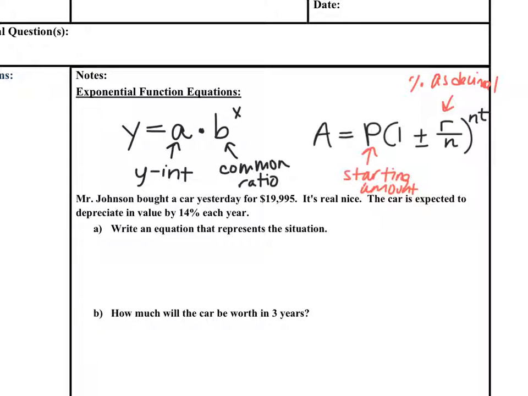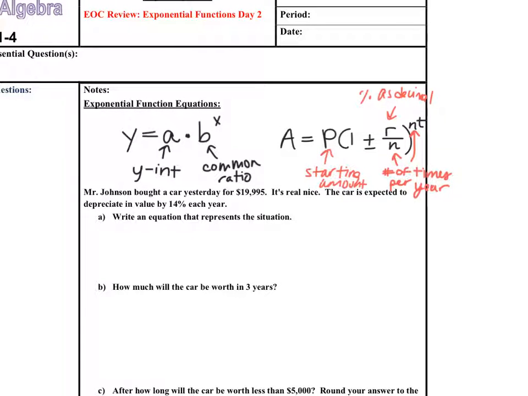N is the number of times it happens in a year. So if it's happening yearly, it's happening once per year. And then the t, so that goes for this n as well. Then it would happen, I guess, maybe 0.5. You won't hopefully see that. And then this is amount of years. So t.